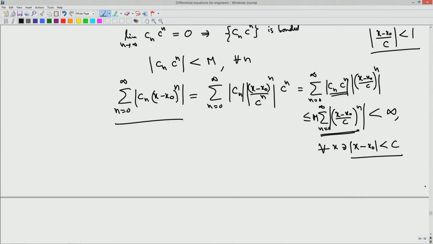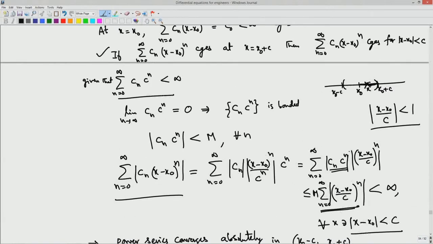If you take each of these terms with modulus, then you say that the power series converges absolutely in the interval from x naught minus c to x naught plus c. Within this interval it is true.